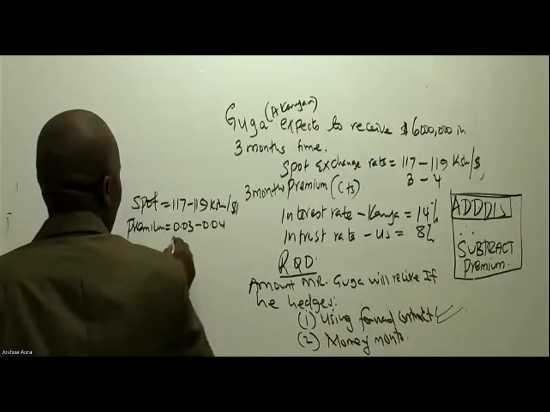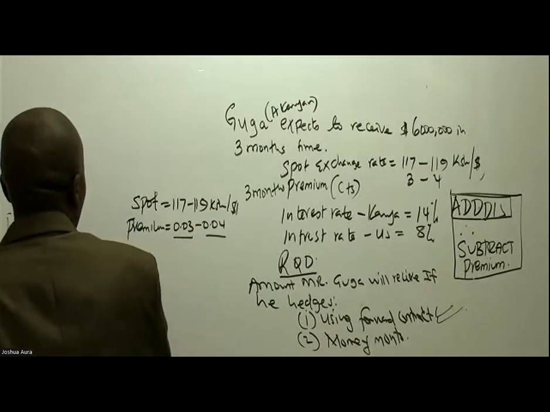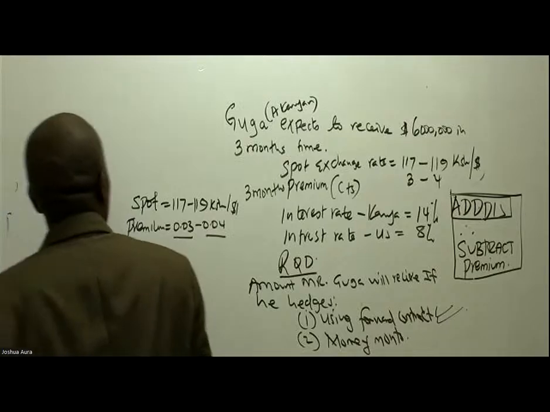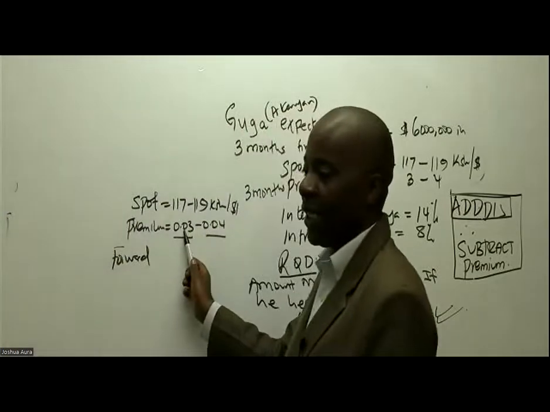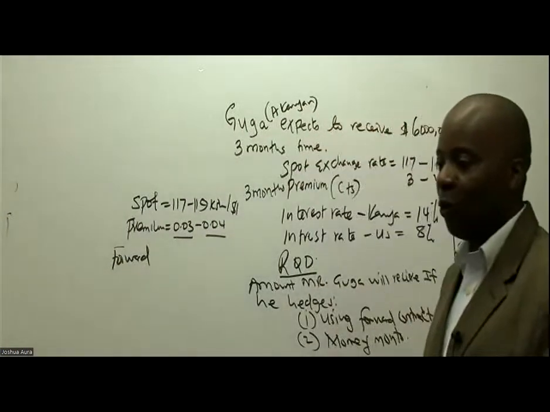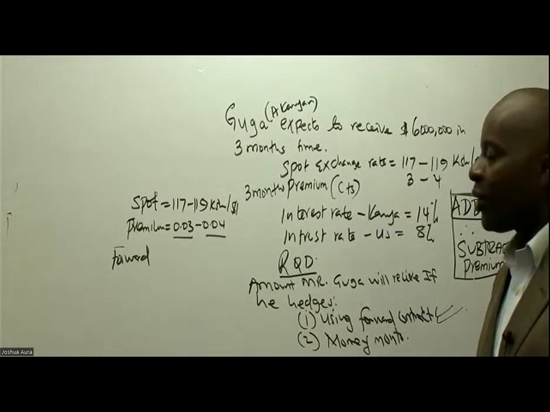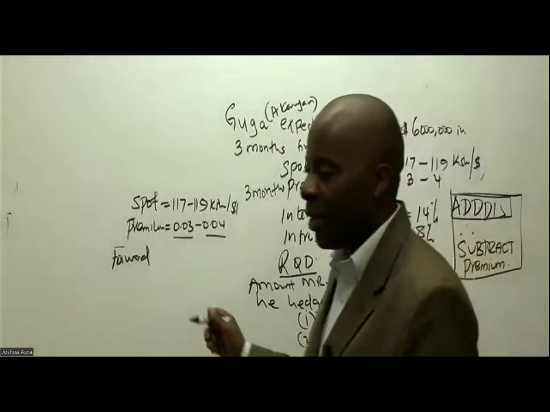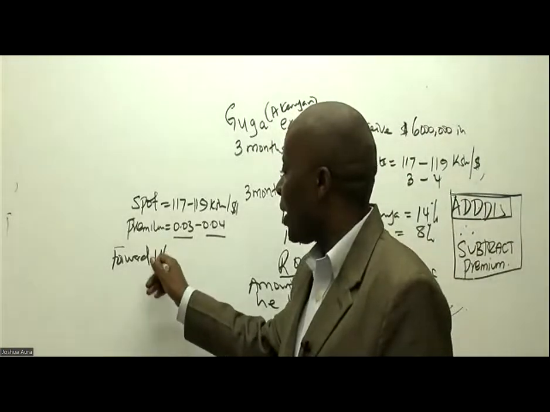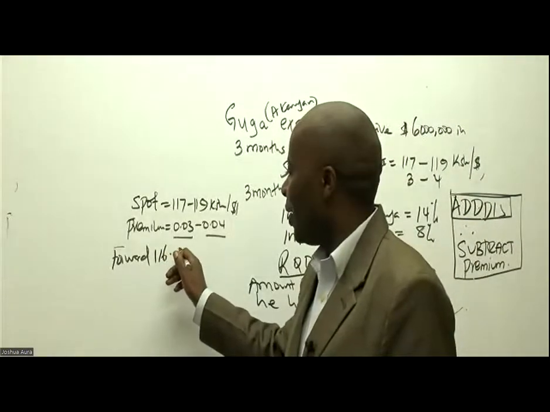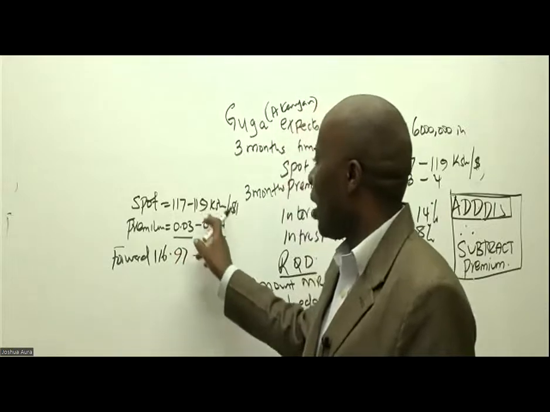So we are subtracting to be able to get the forward. Give me this forward: 117 minus this. I hope you are seeing where I'm getting 0.03 from. Because they are cents, we must divide them by 100. So Marietta has given me a figure here, 116.97.